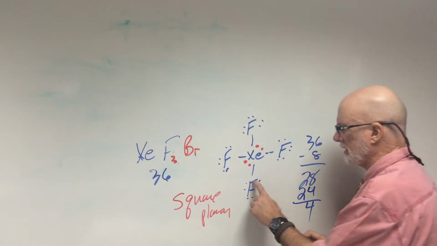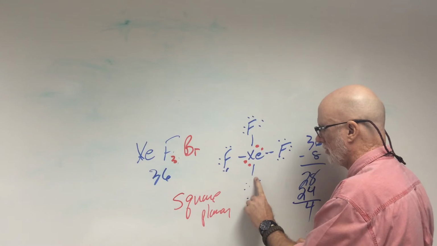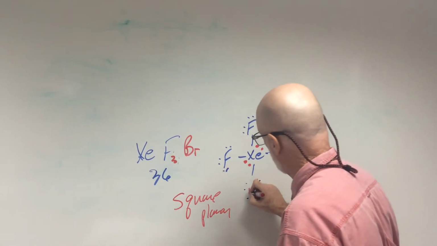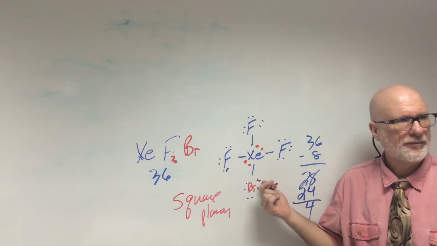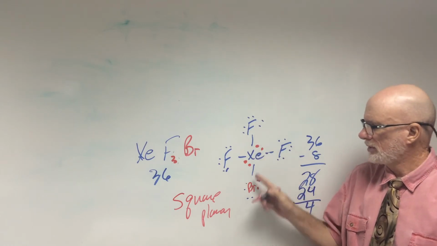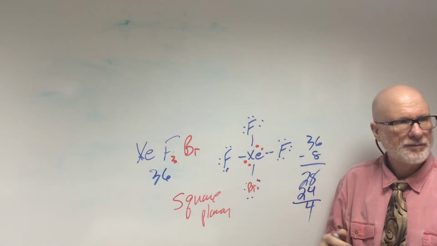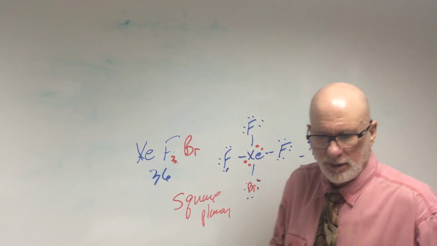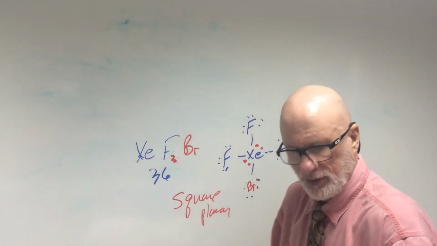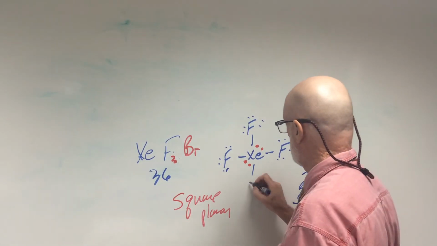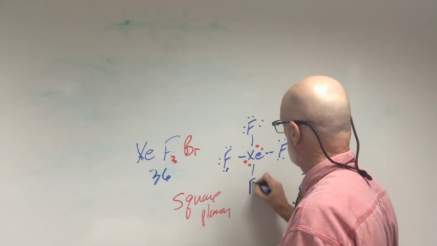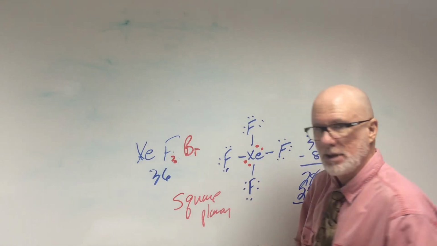In other words, if I took one of these off and I put a Br in there, that would be polar, right? Because these would not cancel. But if I have this, nonpolar, yes?